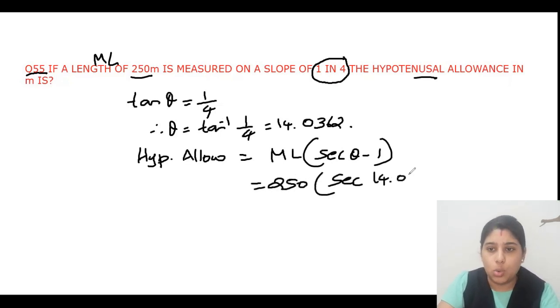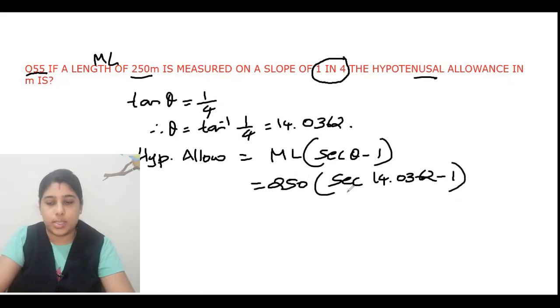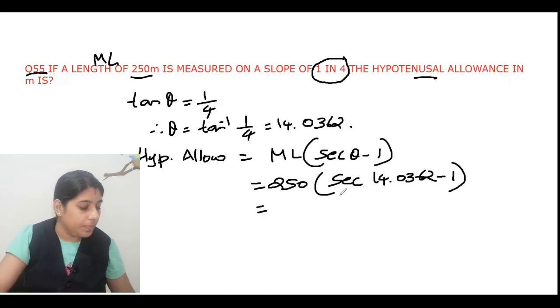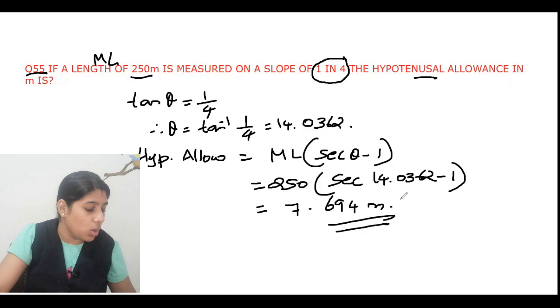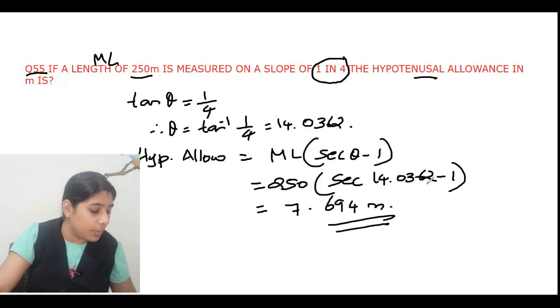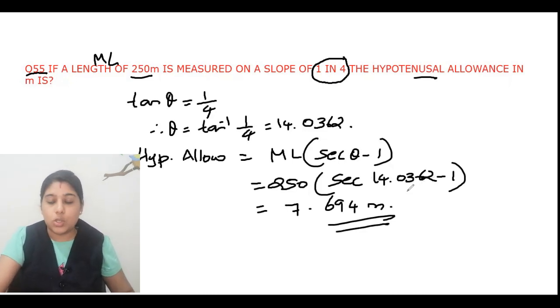If you take 2 or 3 decimals, it is also fine; I have just taken 4. Sec 14.0362 in the calculator gives 1.3077. When you substitute it, you will get the answer 7.694 meters.